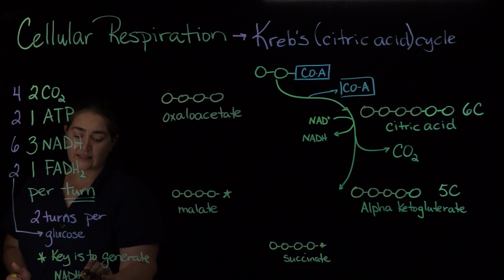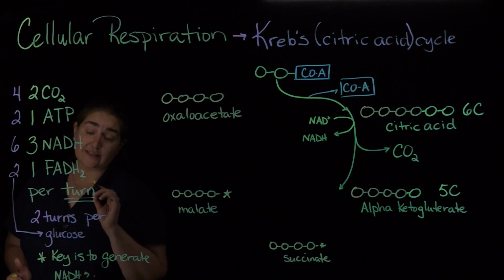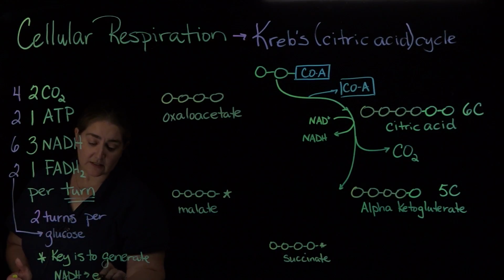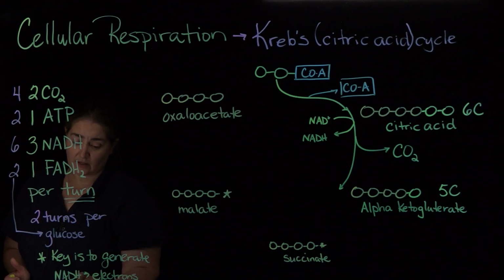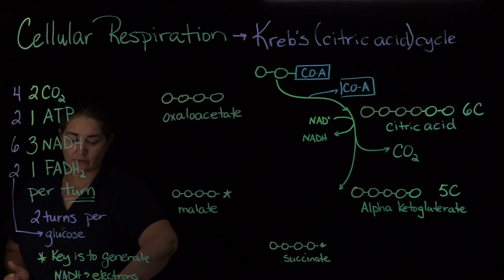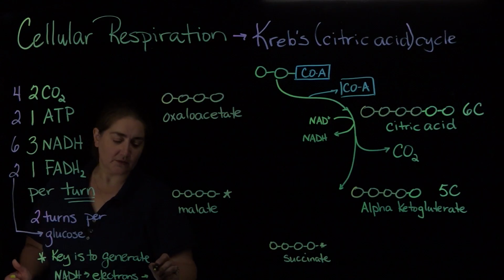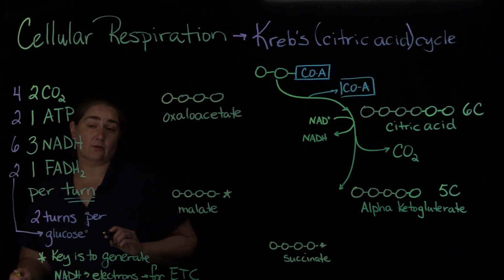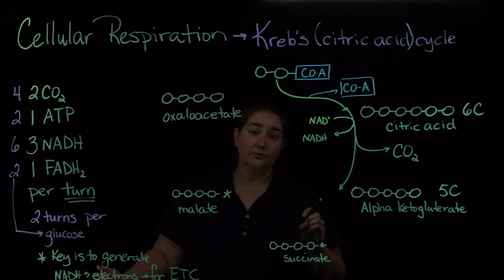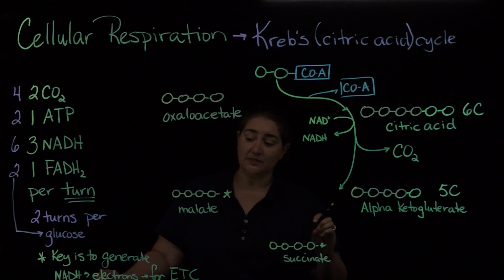Because that NADH is what gives us our electrons for our next step in cellular respiration. Oh, and you can't see that low, so I'll just write it over here, for our electron transport chain.